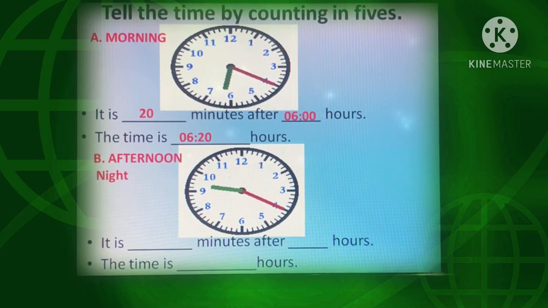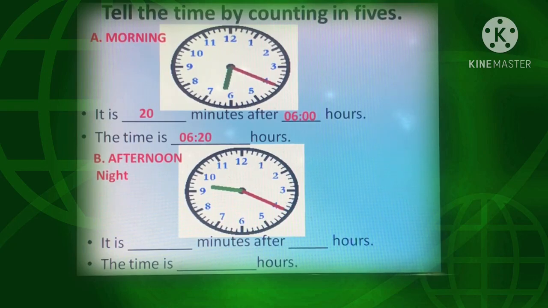So what's the answer? Again, look properly at the short hand or the hour hand and the minute hand, if it is afternoon or nighttime. 1 is 13, 2 is 14, 3 is 15, and so on until 12 is 24.